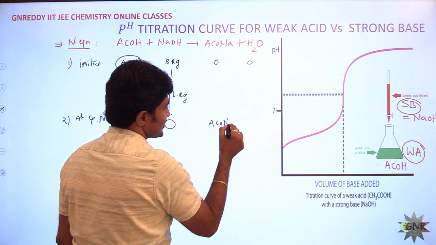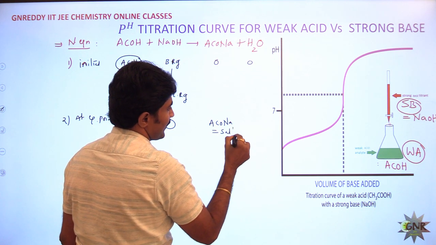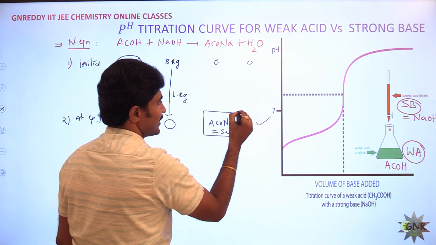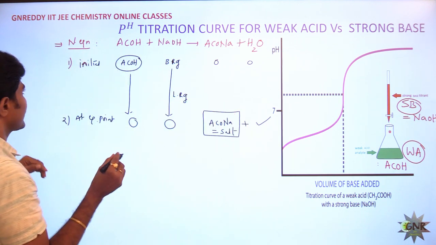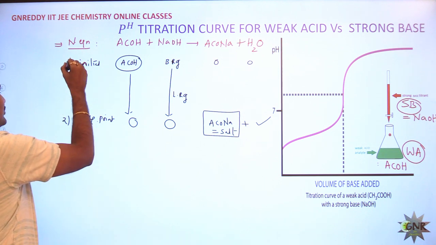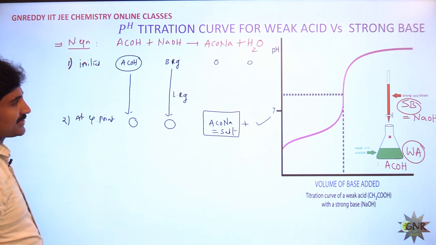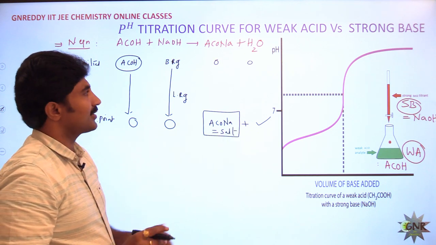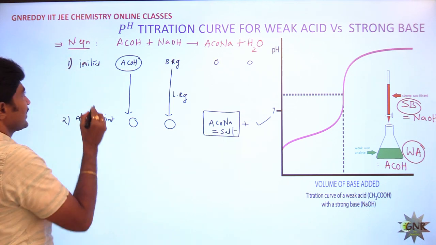Only sodium acetate salt will be formed plus water. Anyway, water need not be considered. So initially only acetic acid is present, and at the equivalence point salt will be formed, so apply salt hydrolysis.